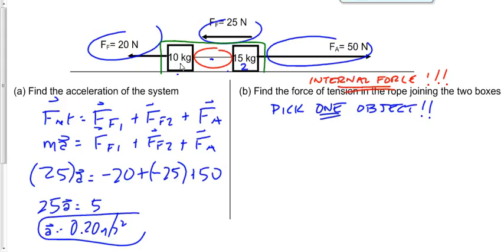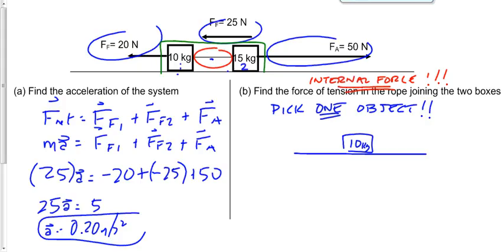Pick one object. I'm going to pick the 10 kilogram object. Okay. And I'm going to draw a free body diagram for the 10 kilogram object, but only the 10 kilogram object. Right? The 15 kilogram object is still there, but I'm analyzing inside the system now.